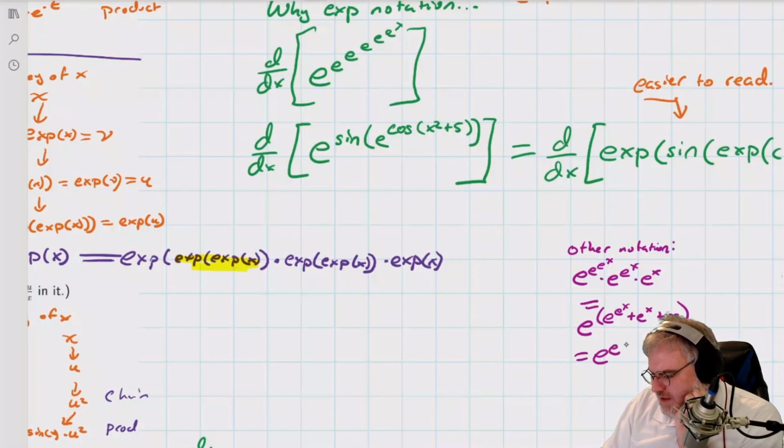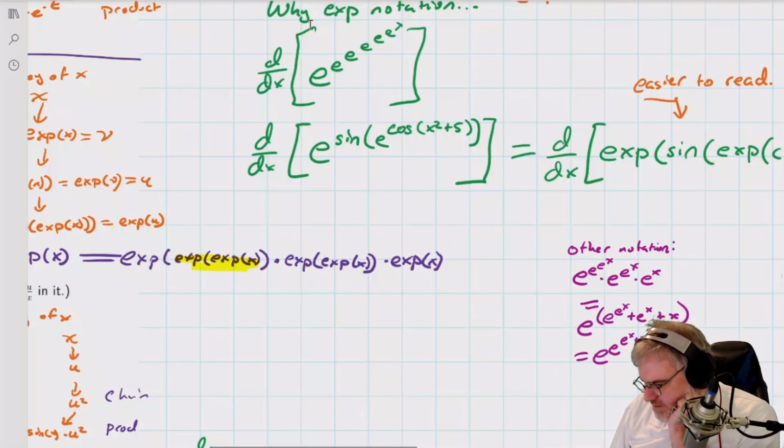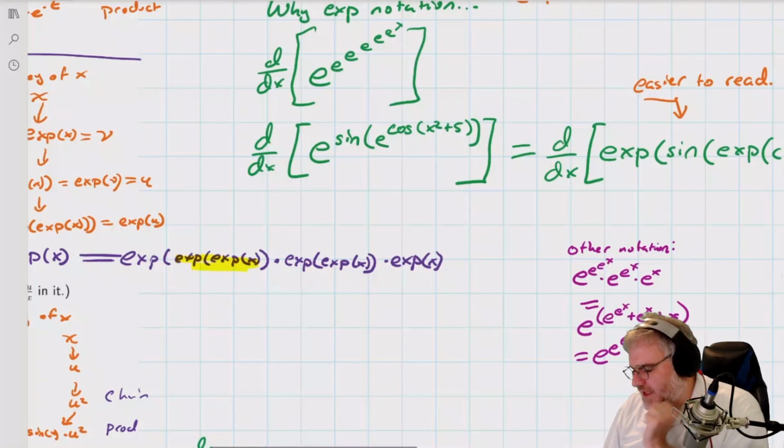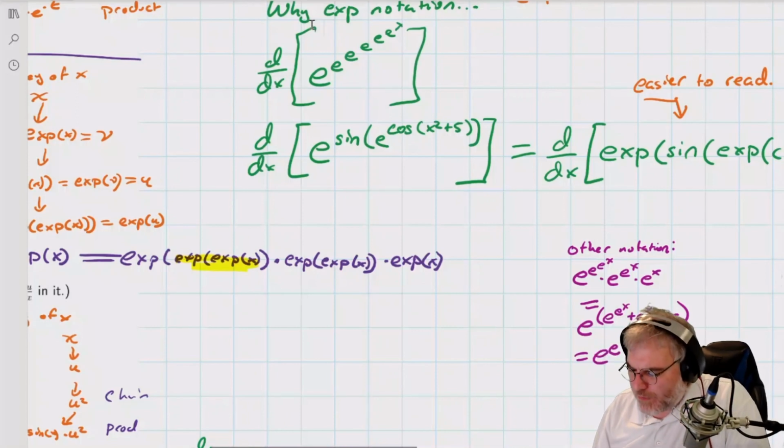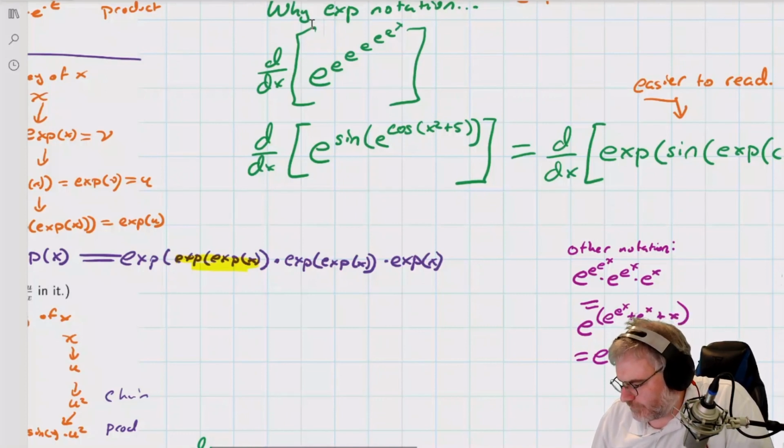E to the x plus x plus x. Yeah. So you could have done it like that. But I probably would have marked you wrong for doing that because I can't read it. Okay.